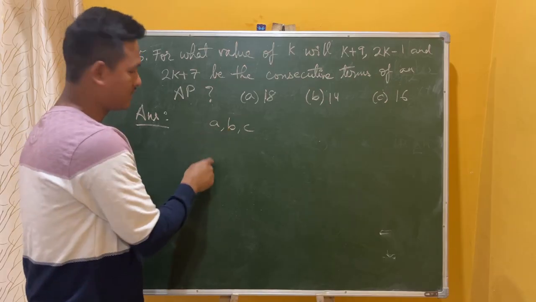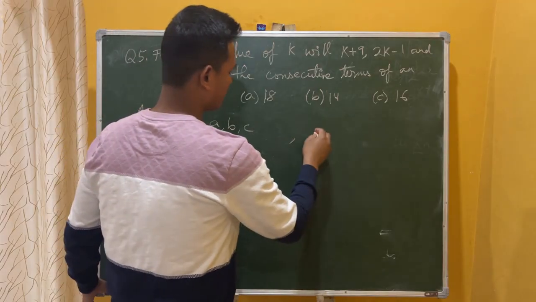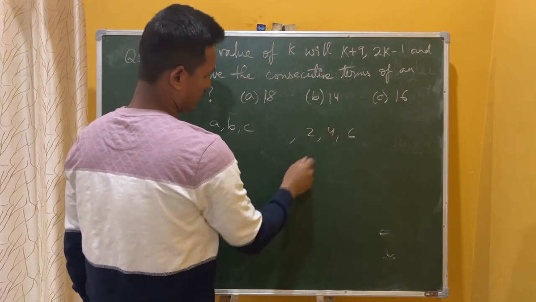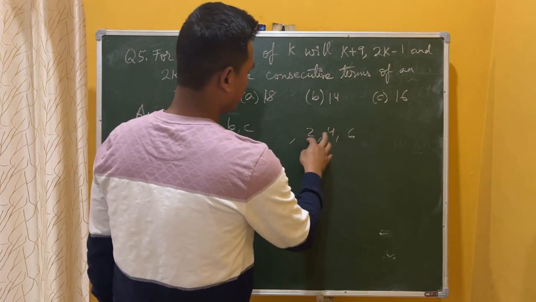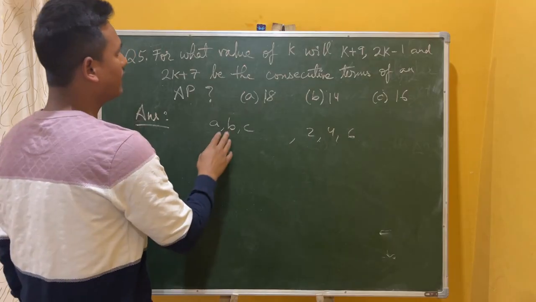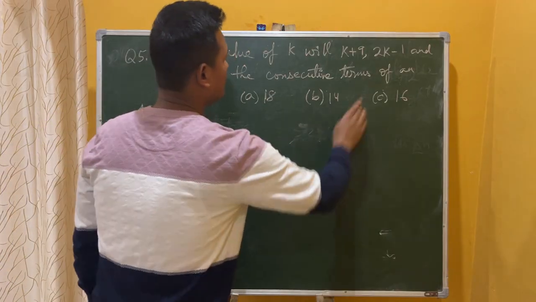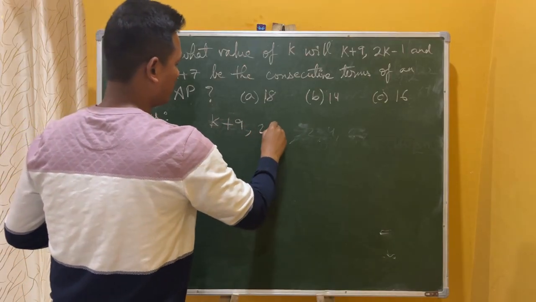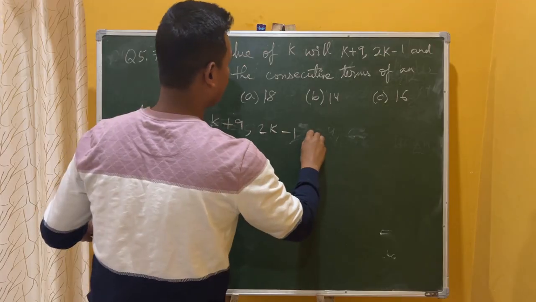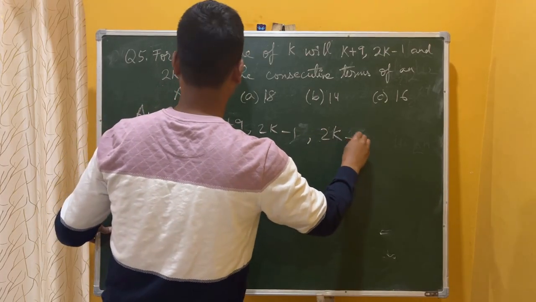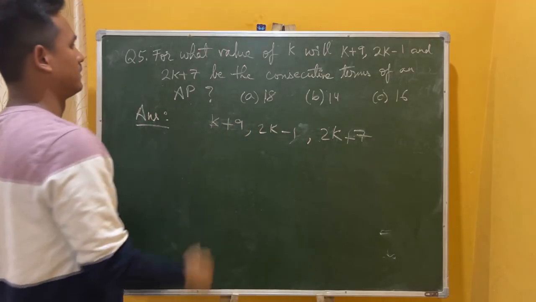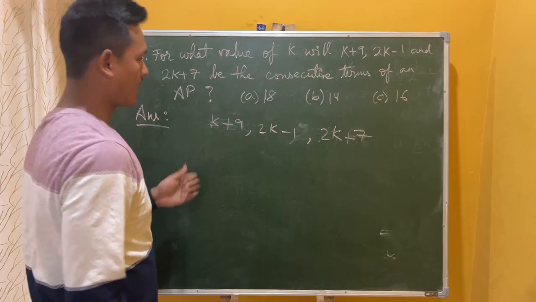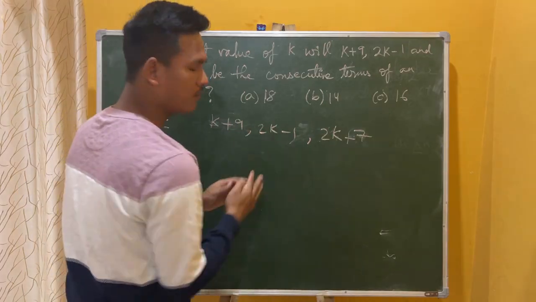For example, 2, 4, 6 is also in AP. The difference is 2 between each number. Similarly, these 3 numbers, k plus 9 is one number, 2k minus 1 is another number, and the third number is 2k plus 7. These 3 numbers are in AP, means the difference between them will be same.